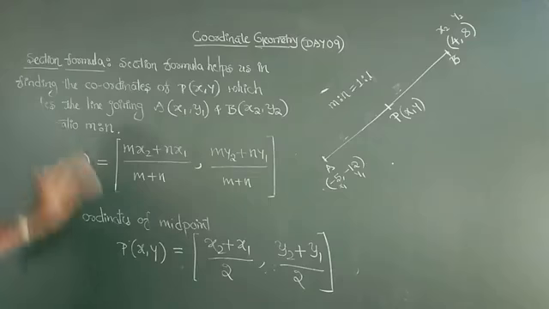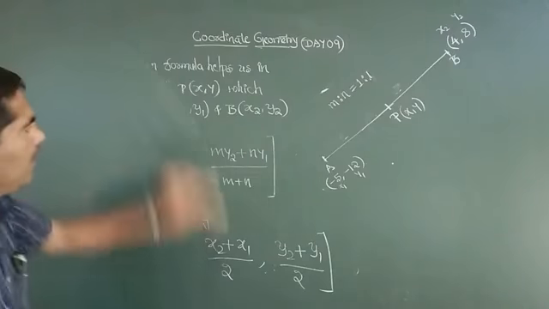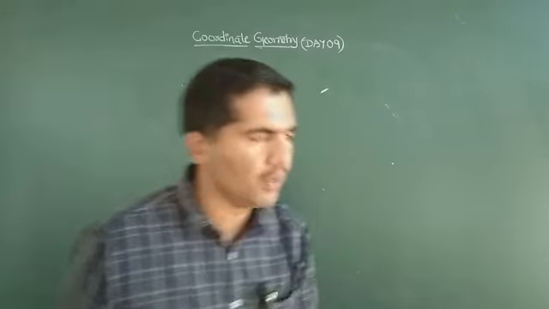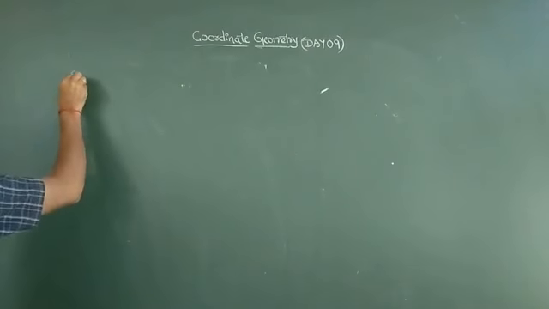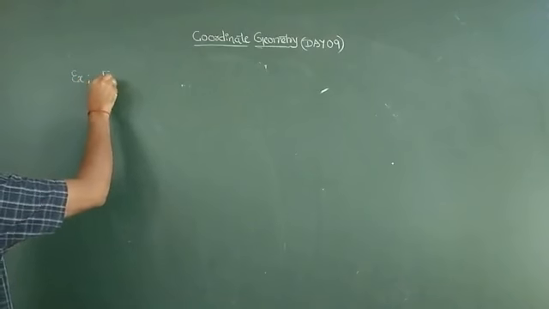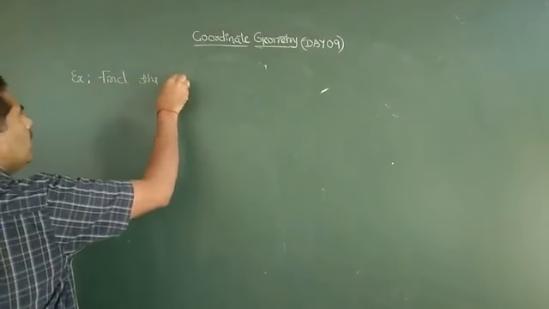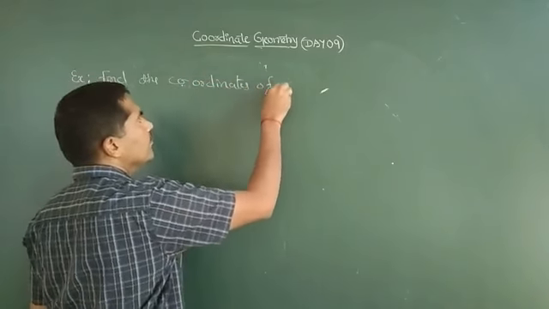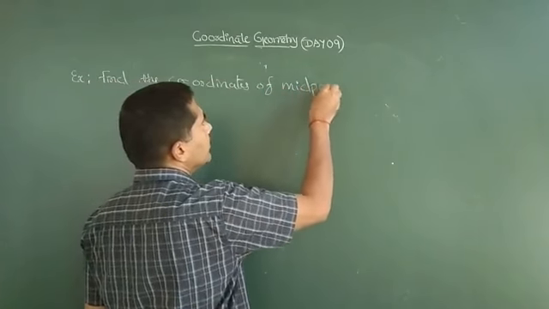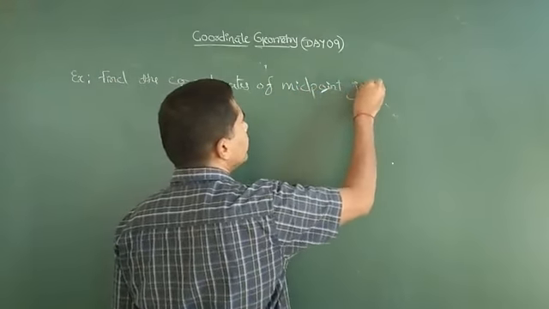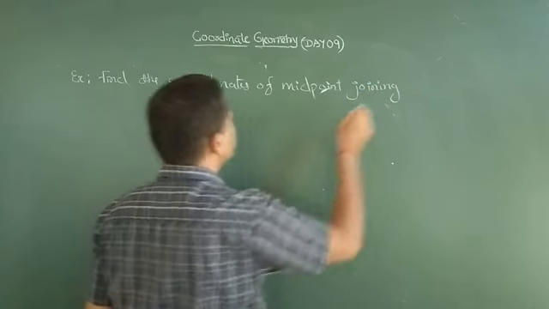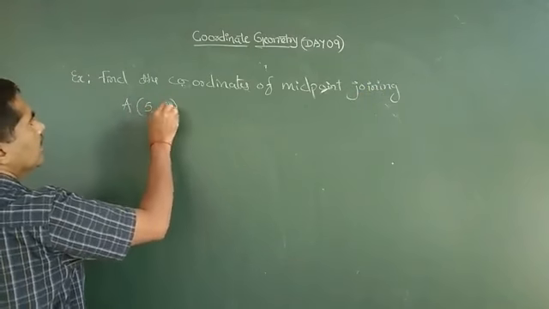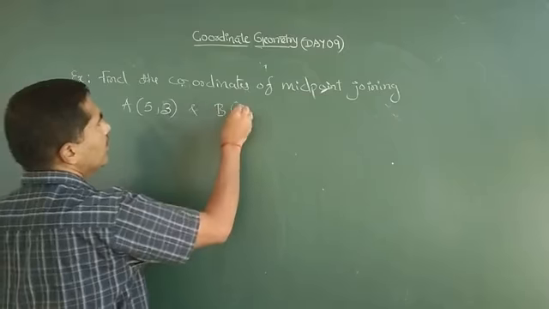So let us go for one simple example by taking the midpoint. We are trying to find the coordinates of the midpoint. Find the coordinates of the midpoint joining A (5, 3) and B (7, 2).